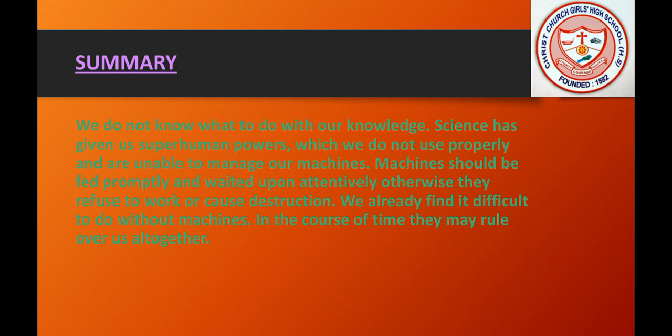Machines should be fed promptly and waited upon attentively. Otherwise, they refuse to work or cause destruction. We already find it difficult to do without machines. In the course of time, they may rule over us altogether.